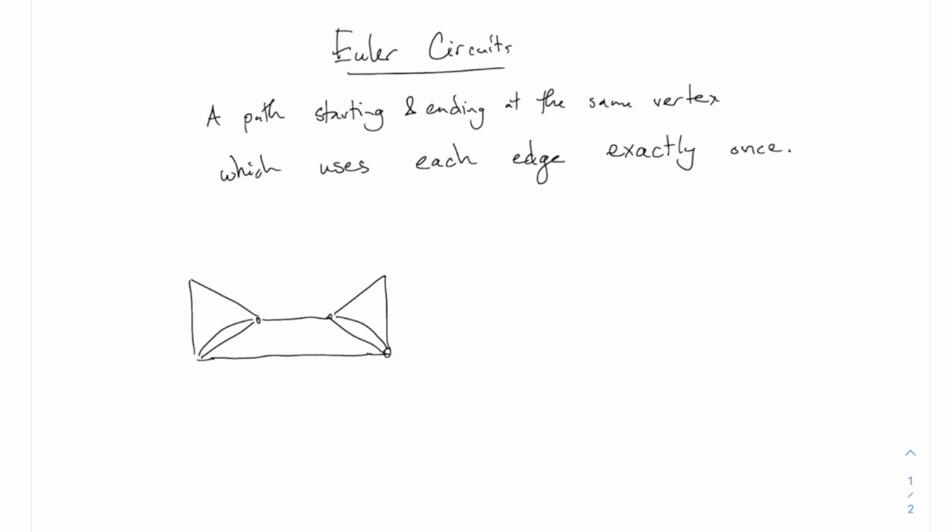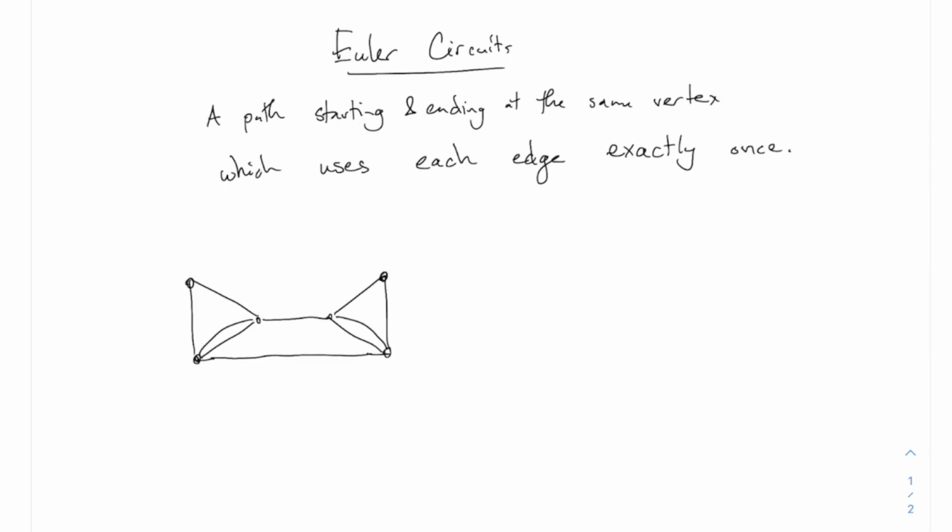How about that? Here's a graph. Does it have an Euler circuit or not? Can you actually do what I described? Start and end at the same place, and cover every edge exactly once. So you have to use every edge. You can't repeat any individual edge.